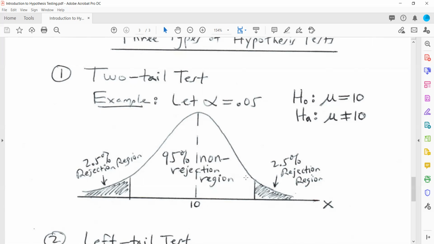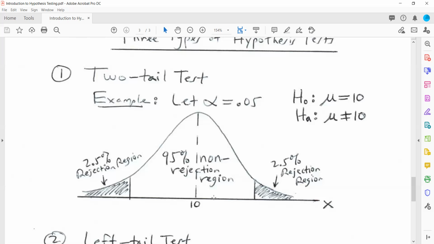Now, the way to do this particular type of test is that we're going to say these regions that are colored in, the alpha regions, are called the rejection regions. All right. In other words, you're going to reject the null hypothesis, assuming what? Assuming the null hypothesis is true. Here's the 10, right? We're going to assume it's true, so we're going to actually plot it as 10 in the middle.